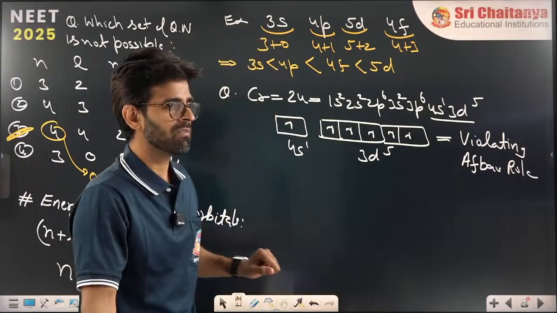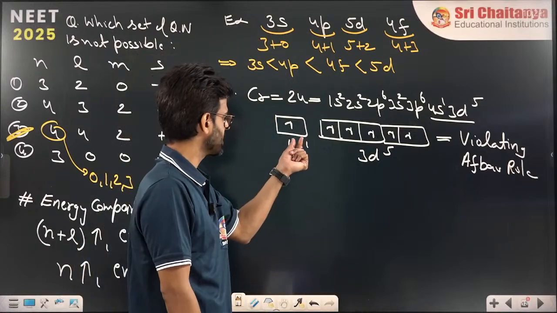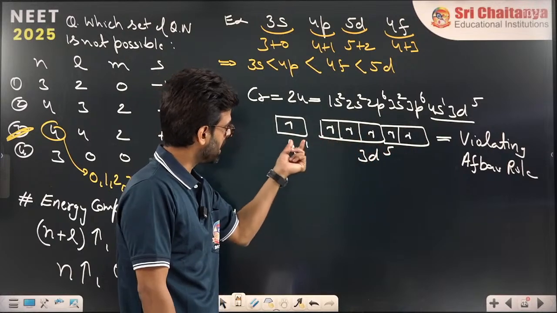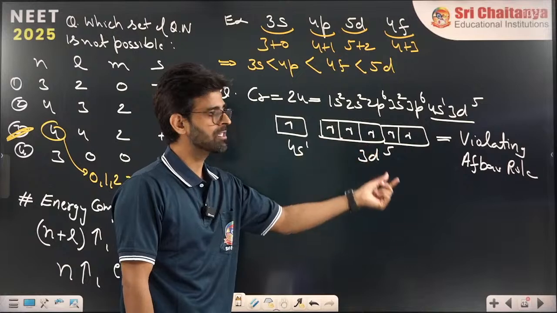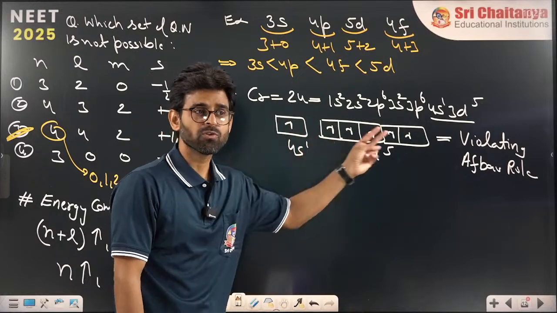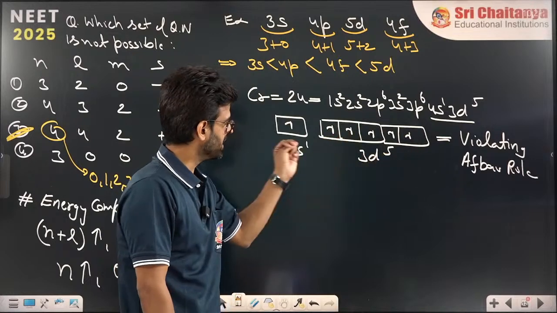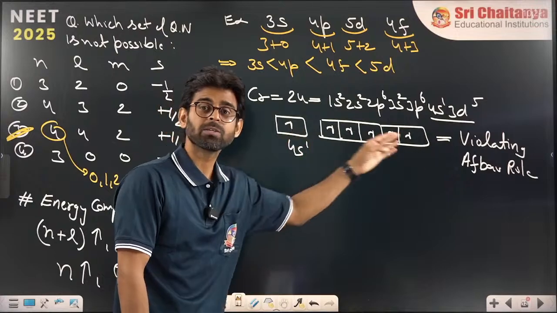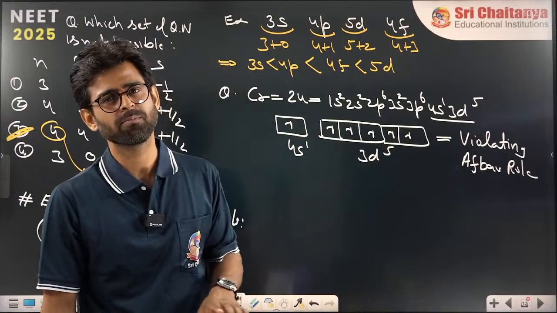I am taking one electron from here. That's why we say we are violating the Aufbau rule. Actually, I should fill this one fully, then go for the next one. But here we are filling it only half and jumping to the next shell. This is the Aufbau rule, a very important rule, right?